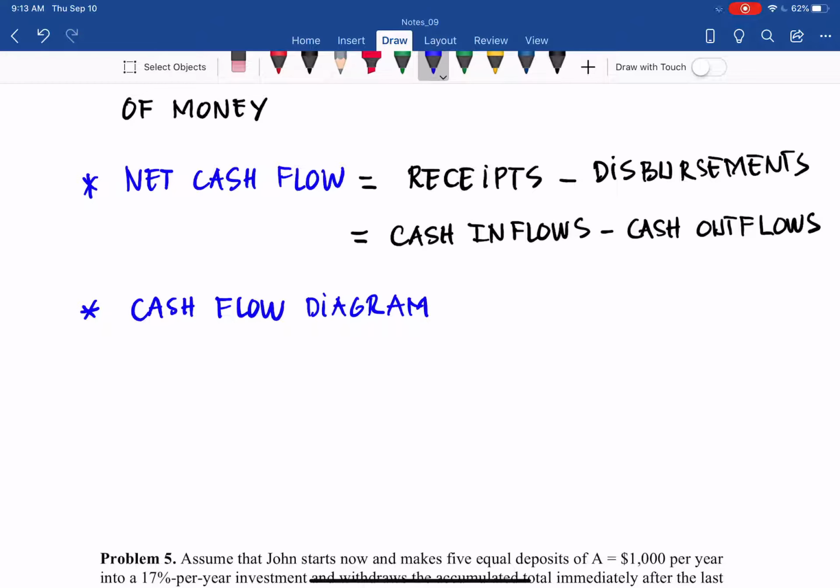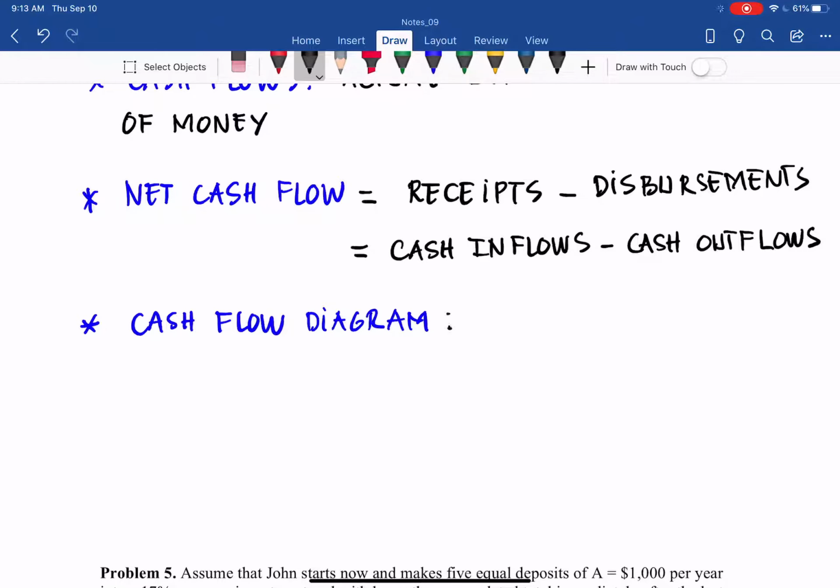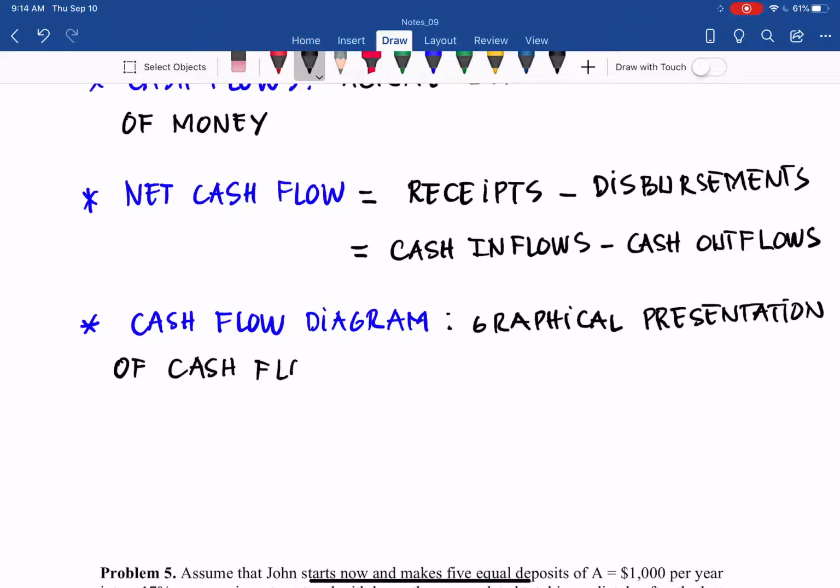That is a graphical presentation of cash flow, and it's drawn on a time scale. So let's apply it and draw today.